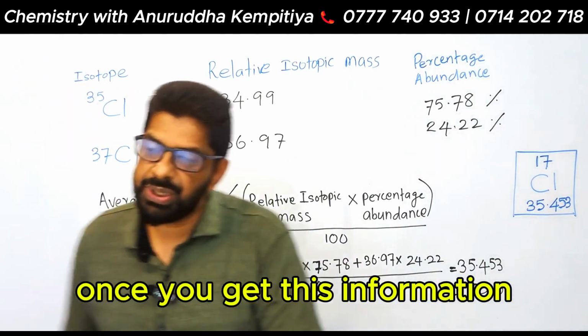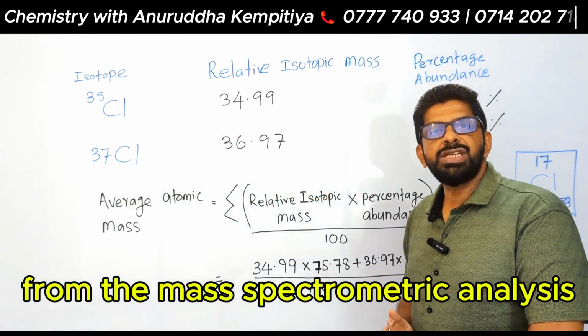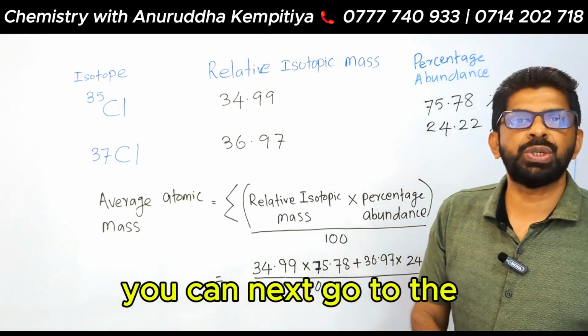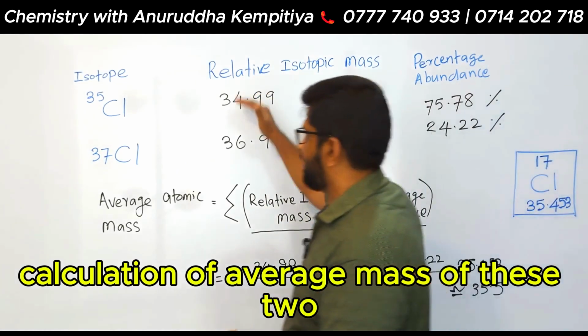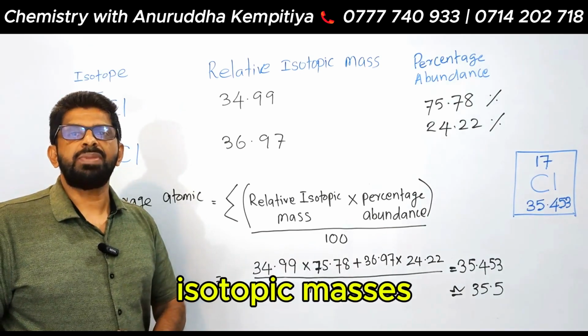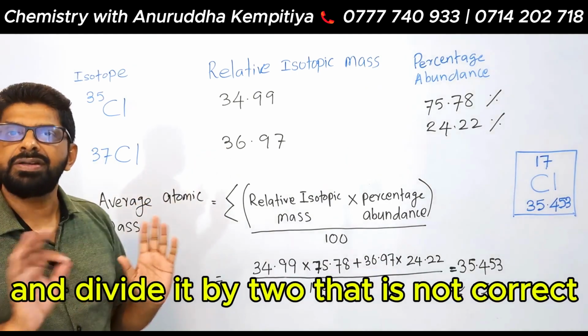Well, once you get this information from the mass spectrometric analysis, you can next go to the calculation of the average mass of these two isotopic masses. So you can't simply add these two values and divide by 2.